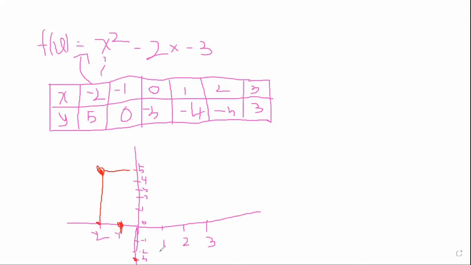If x 1, 4, sorry, and down, and then 2, 3, okay.